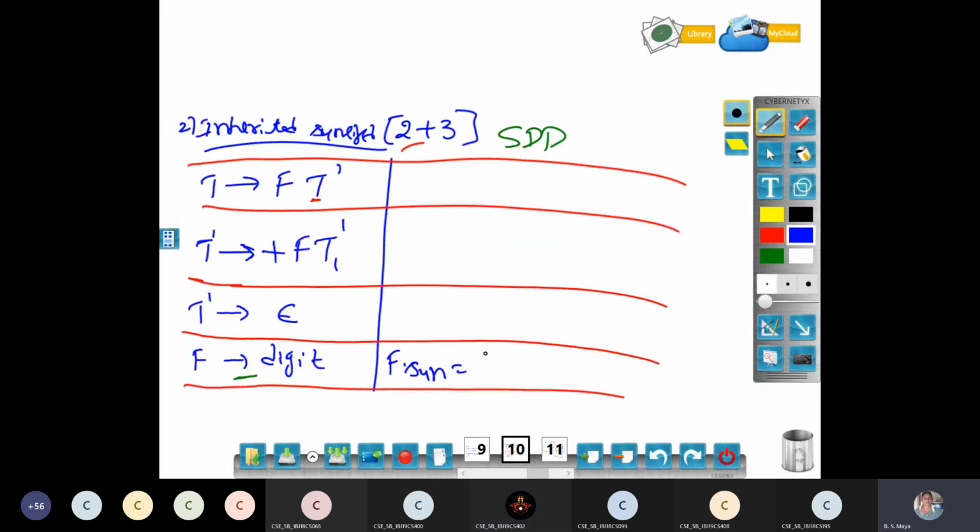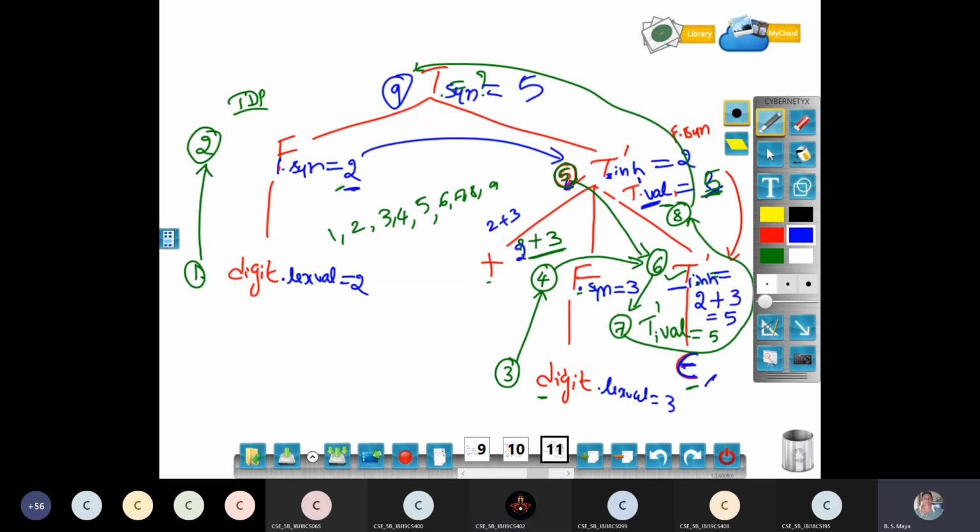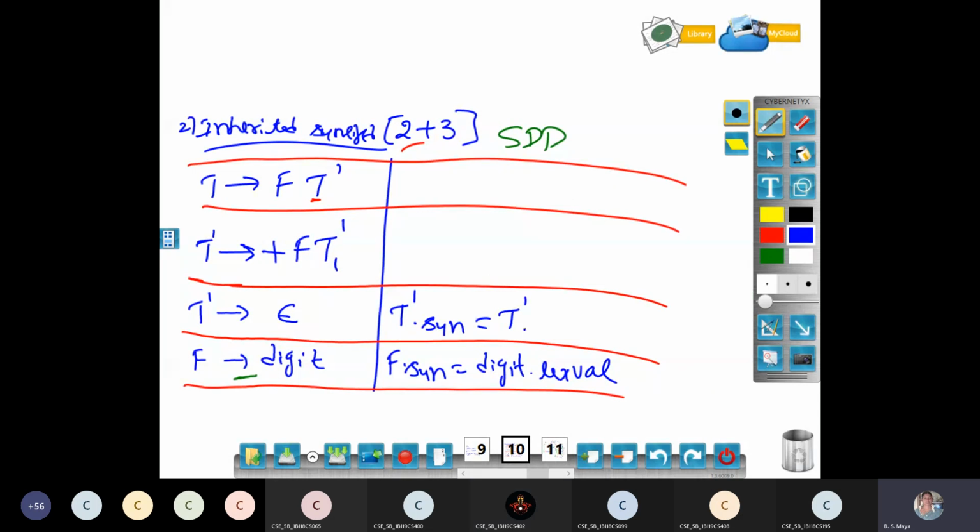F dot of sync is equal to digit dot of lexical value. The first formula is over. The second formula is T dash of epsilon. For epsilon, you calculate the synthesized value. S dot of synthesize is equal to whatever value is stored in inherited, right? Yes, ma'am. Whatever value is stored in inherited, that value should be copied onto synthesized. For that, T dash of INH. Simple rule. Whatever value is calculated in INH should be copied onto your synthesized.